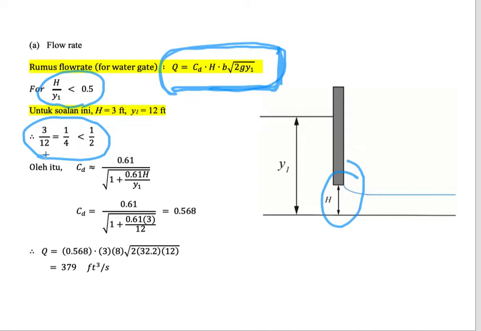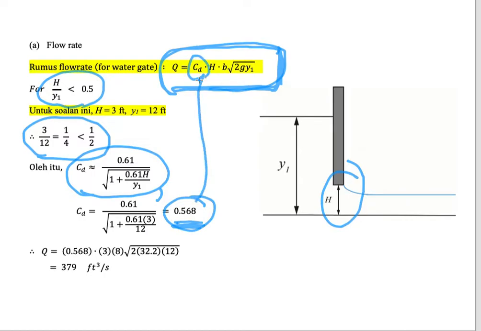So we could calculate the value of CD according to this equation, based on the notes about the weir. We substitute all the values here, and we get CD equal to 0.568. Substituting the value of CD, we get the flow rate is 379 feet cube per second.